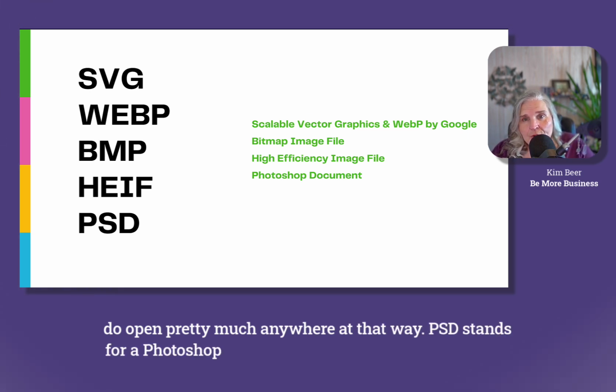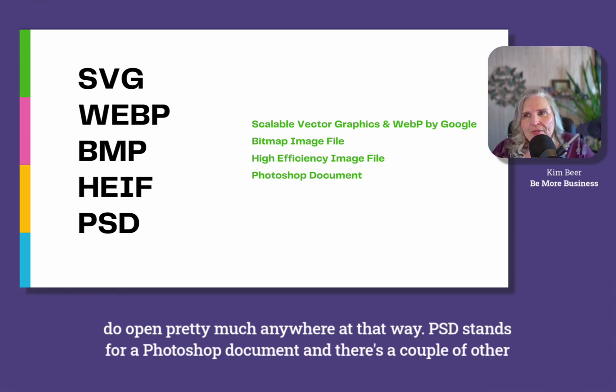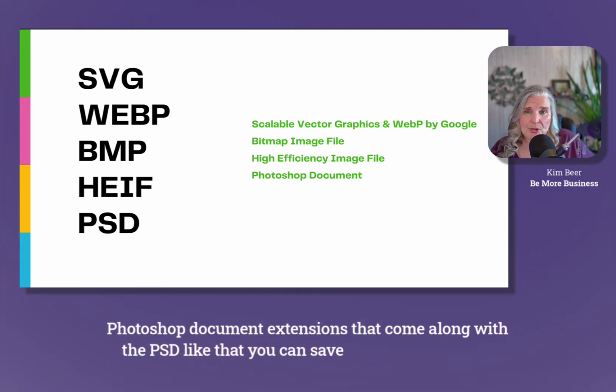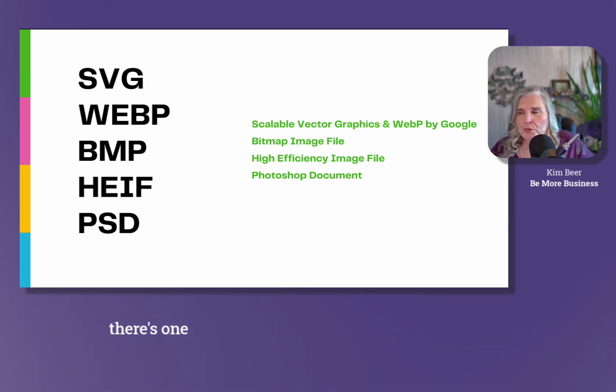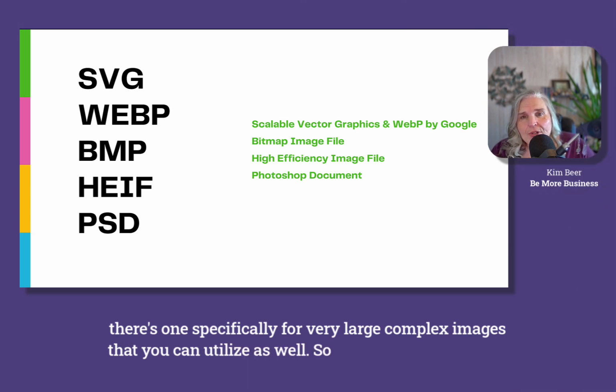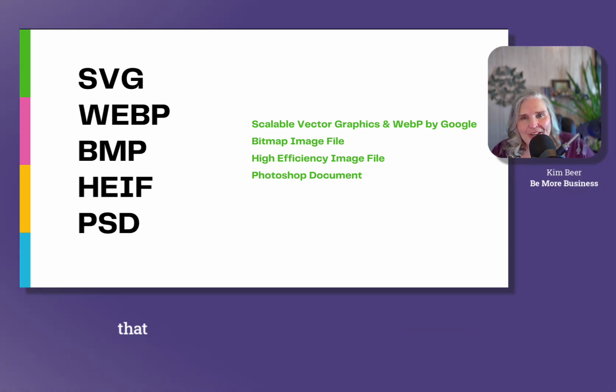PSD stands for a Photoshop document, and there's a couple of other Photoshop document extensions that come along with the PSD, that you can save Photoshop files in. There's one specifically for very large, complex images that you can utilize as well. So PSD is another file type that you can use. All right.